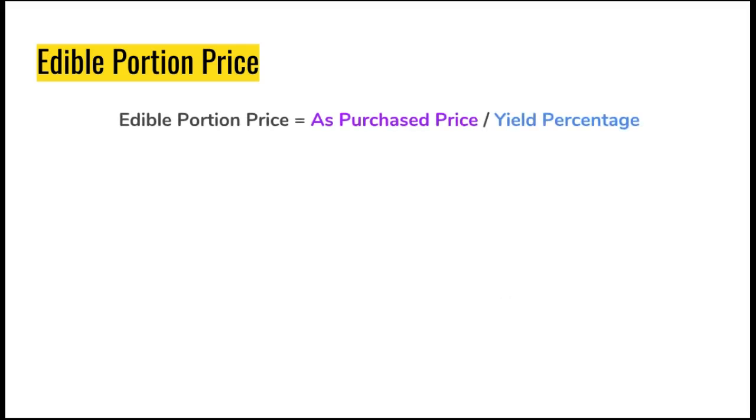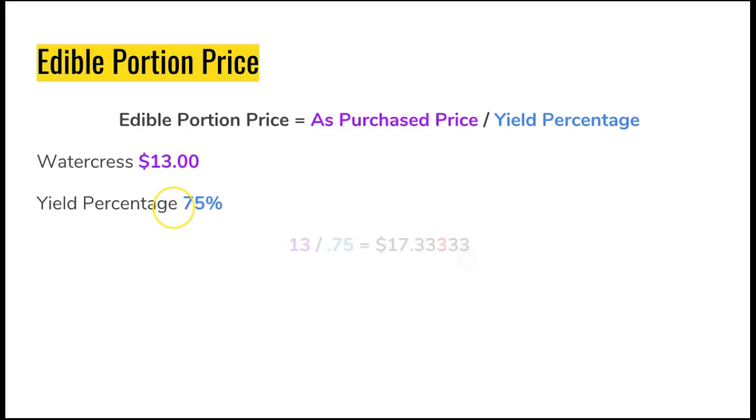Now for my edible portion price. You want to know your as purchased price, and you're going to divide it by that yield percentage. So my watercress cost $13, and we just found out that that yield percentage was 75%. Now remember, this percentage is going to go into an equation, so you want to move that decimal place over to get 0.75.